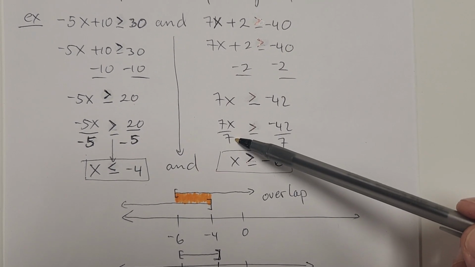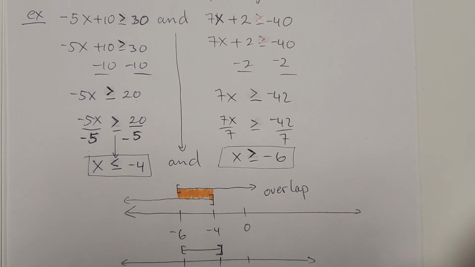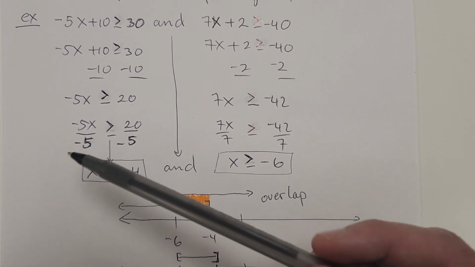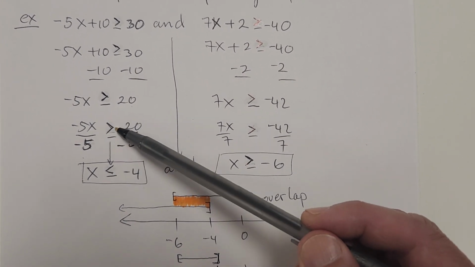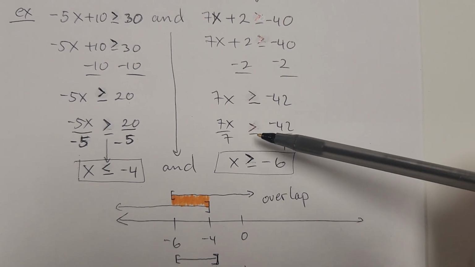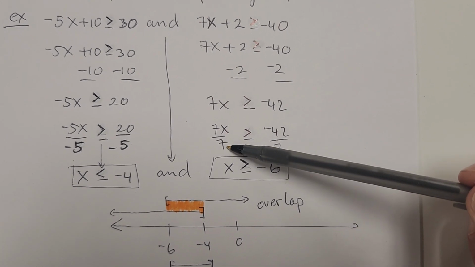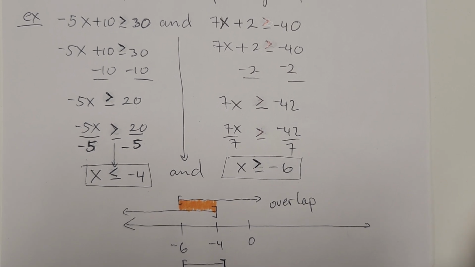Here, I'm dividing by a positive, so this symbol stays. So be very careful. One more time: when I divide or multiply by a negative, this symbol switches. If I am multiplying or dividing by a positive, this symbol stays. Okay, so be very careful.